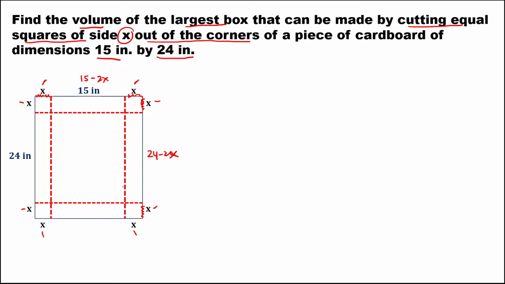Then to find the volume, since volume is equal to length times width times height, we can make this one the width and this one the length. Then for the height, if we fold this box, this is now the height, and the height is equal to x.